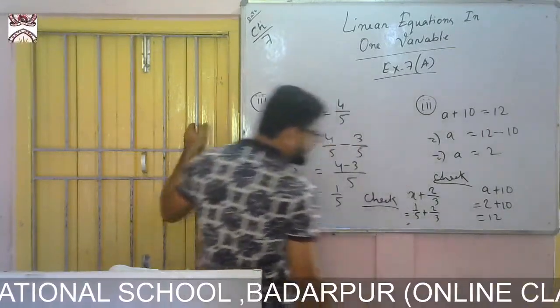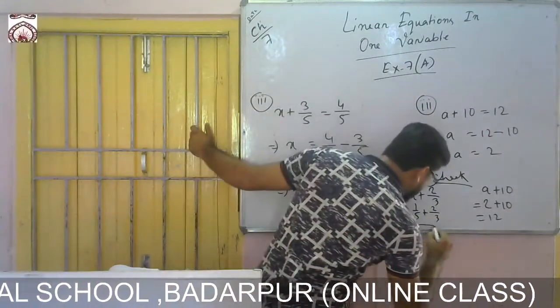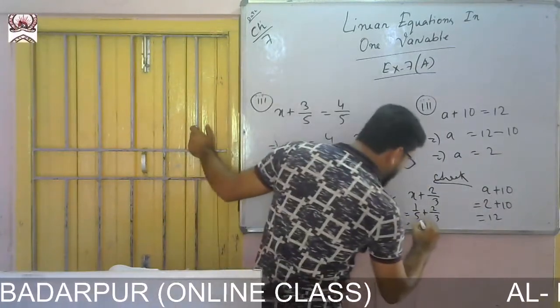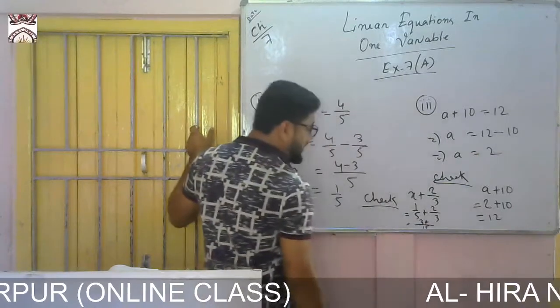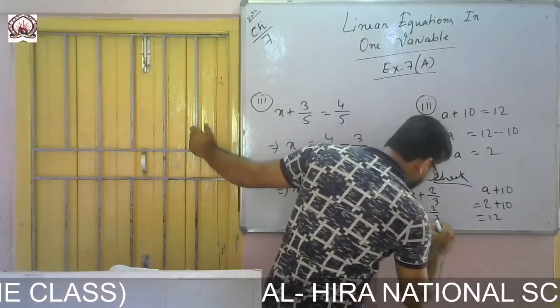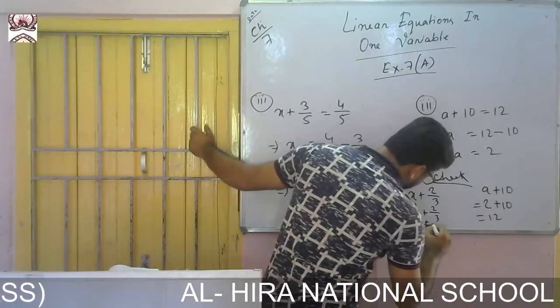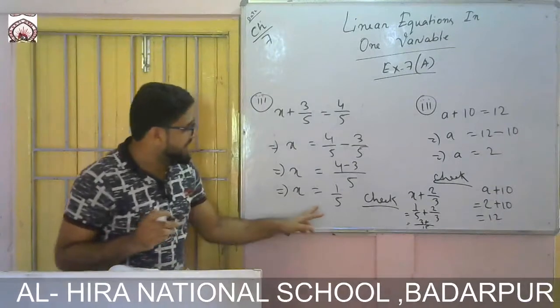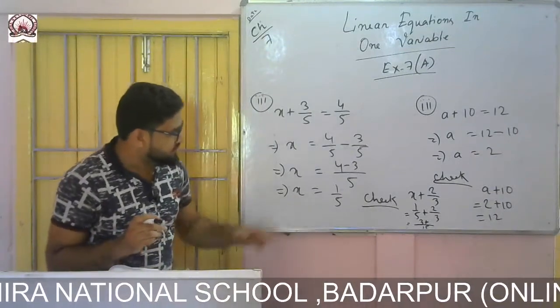So add. If you take 15 as LCM, then 5 threes are 15. So 3 here, plus here 3 fives are 15.